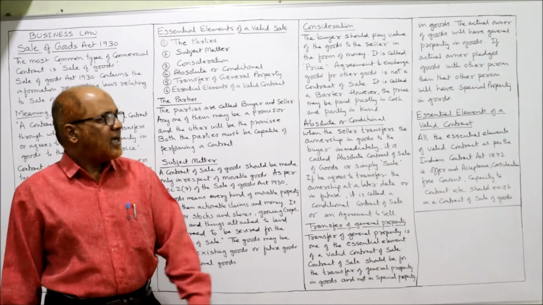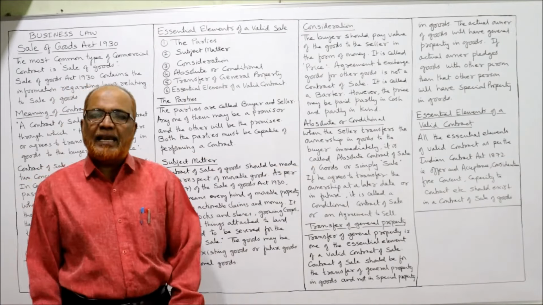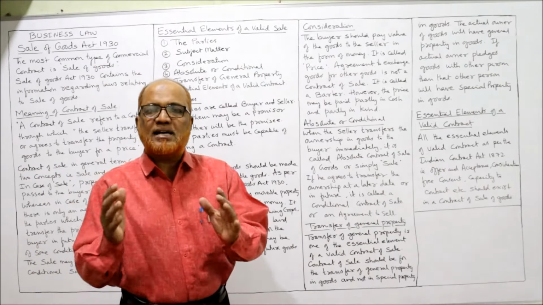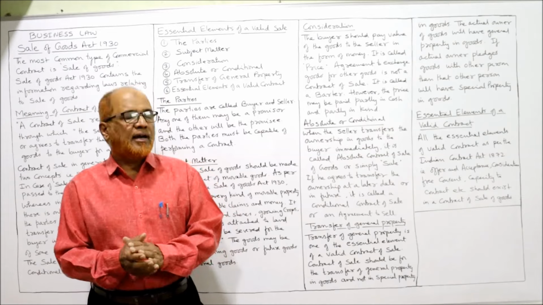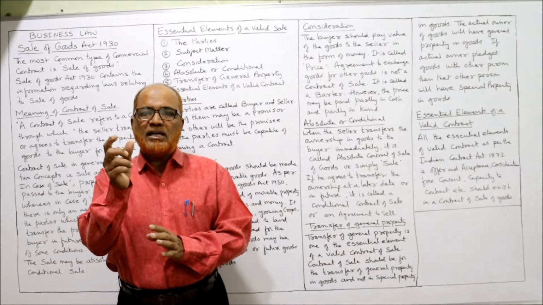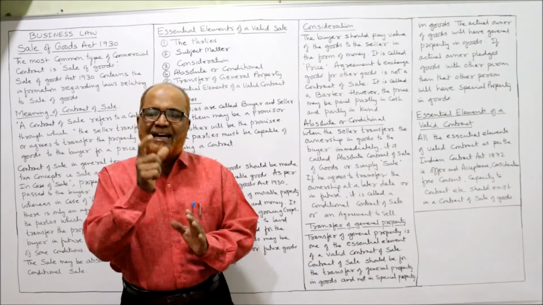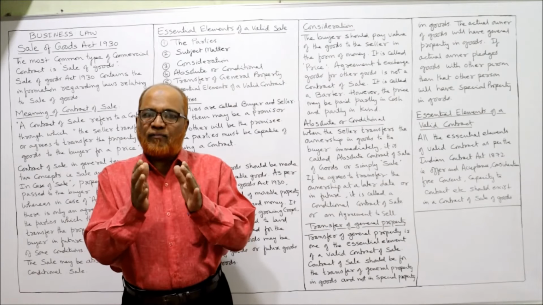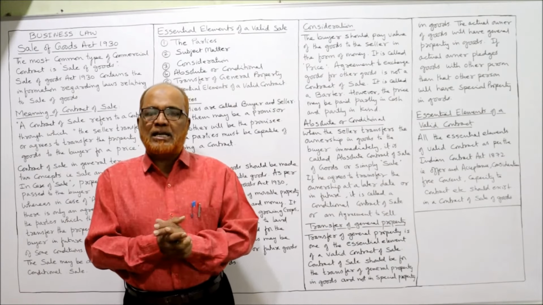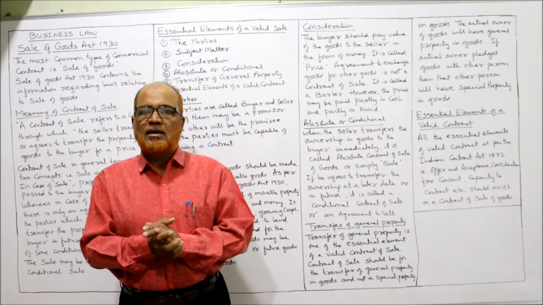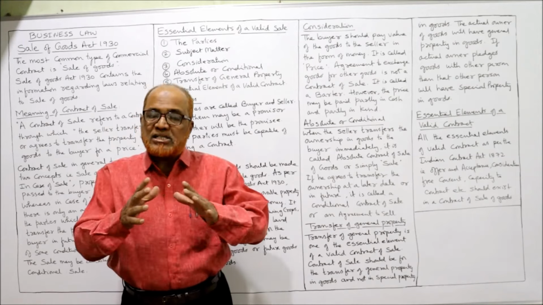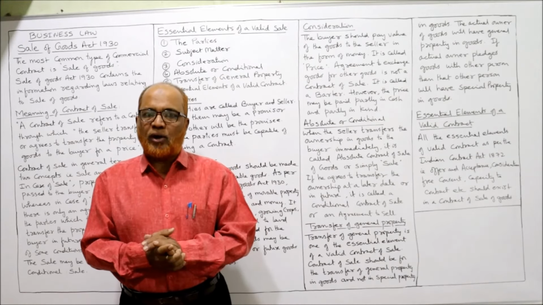Last is the essential elements of a valid contract. In the last videos, when we discussed the Indian Contract Act, what is an effective contract, a valid contract? We have seen so many elements, like offer, acceptance, consideration, free consent, capacity to contract, and not expressly declared to be void.